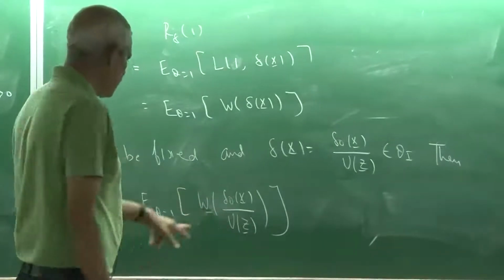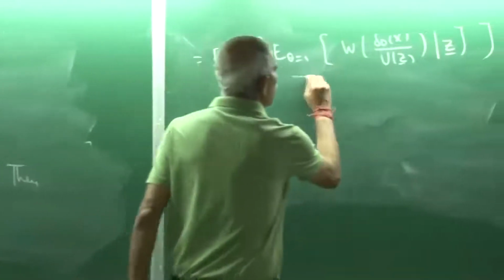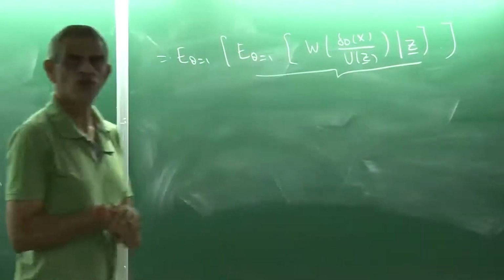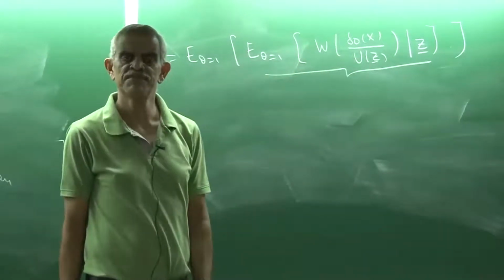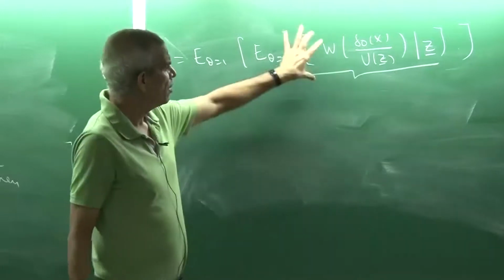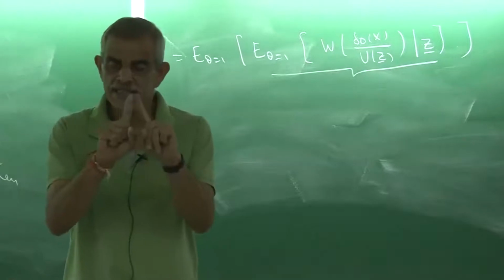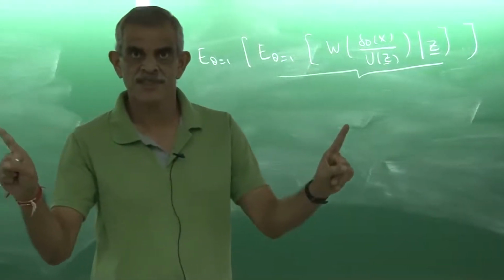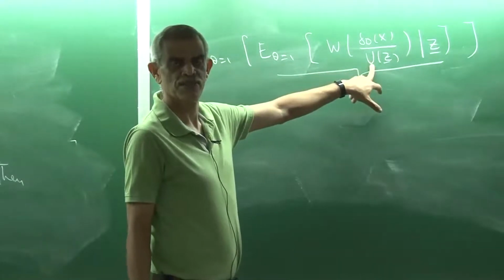Now, as I've told you, the only varying quantity over here is u, because theta is fixed, theta is equal to 1. As you vary u, you get different quantities of this inner expectation. So what I try to do is I try to find a u for which this inner expectation is minimum. Note that it does not depend on theta. So I can think of finding a u for which minimizes this quantity.